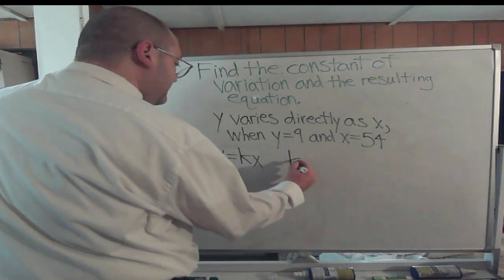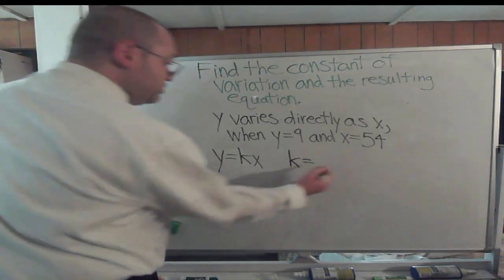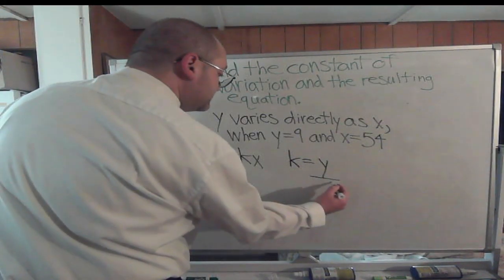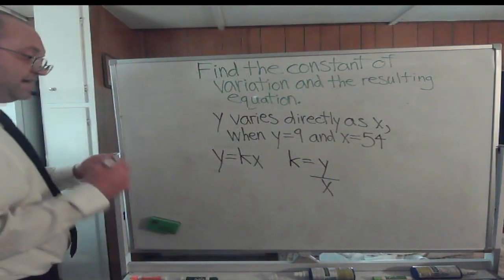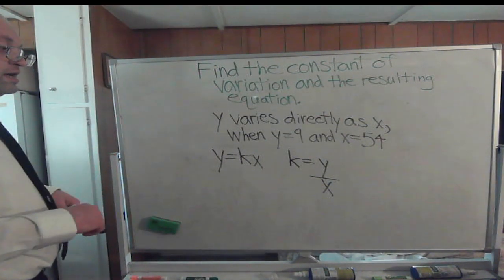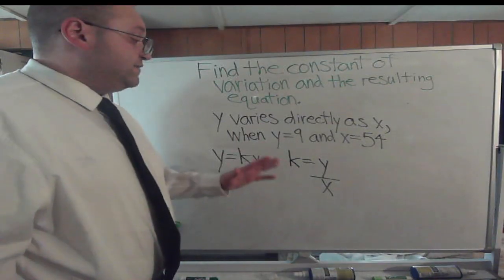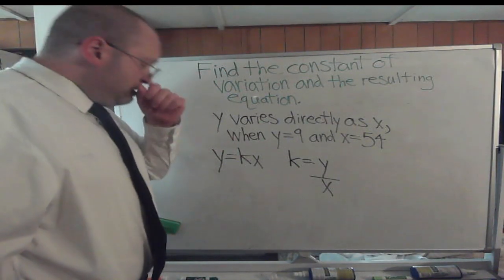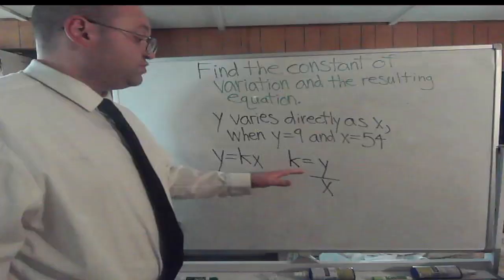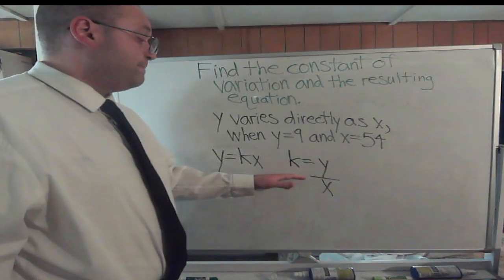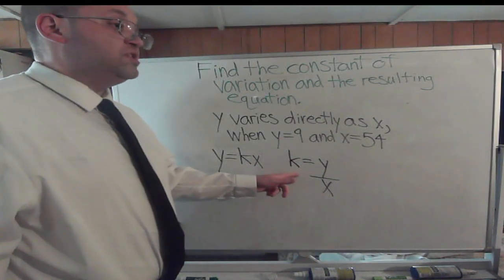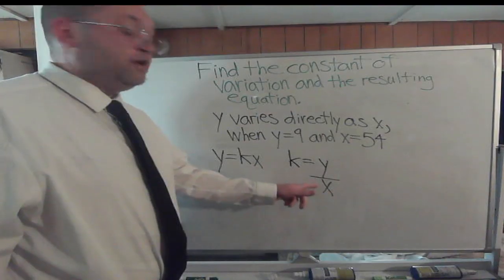You'll get k is equal to y over x, because what you do to one side, you got to do to the other. And this is how direct variation equations work. The constant of variation is always equal to y over x.